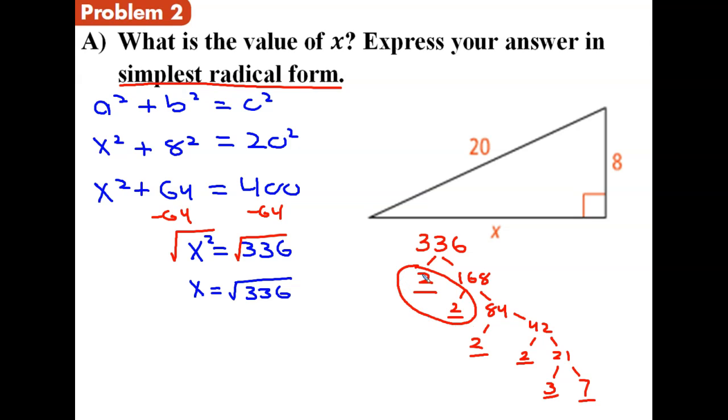So there's 2 2's here, so 2 times 2, in other words, 2 squared. And same thing with this other set of 2's, that's another 2 squared. So the way I'm going to rewrite this square root of 336 is I'm going to rewrite it as square root of 2 squared for my first set of 2's, times 2 squared again for the second set of 2's, times just the individual 3, and times the individual 7.